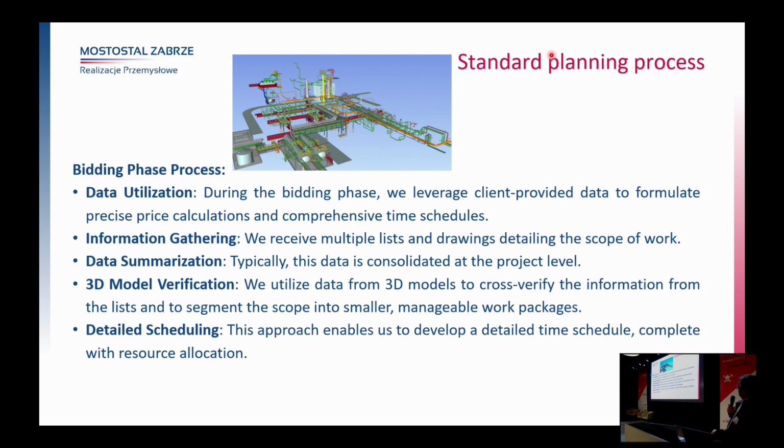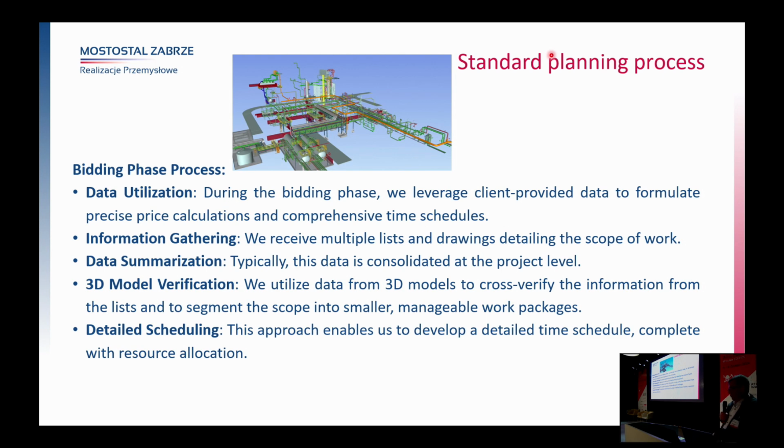So it all starts during the bidding phase. Our clients provide us lots of data about the piping scope, but usually this is consolidated into one big number for the whole project.